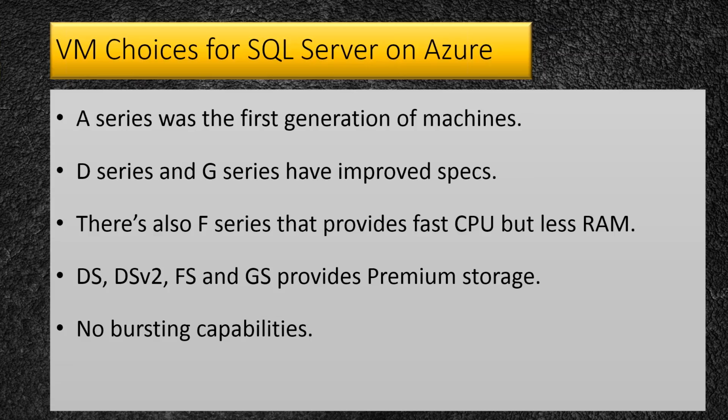So if you have a DS machine currently in production, it might not be a good enough incentive to move to a DSV2. But if you are deploying a new SQL Server in production in the near future and you want it to be a high performing one, then you should look to deploy DSV2s instead of just DSs. Okay?